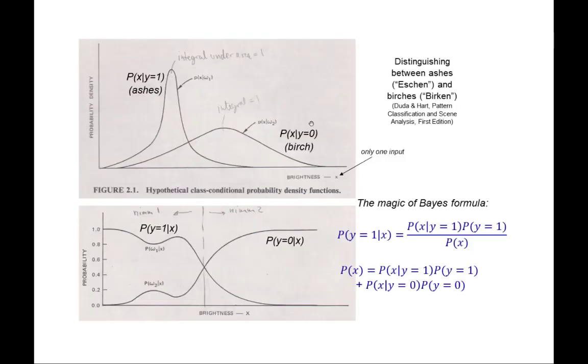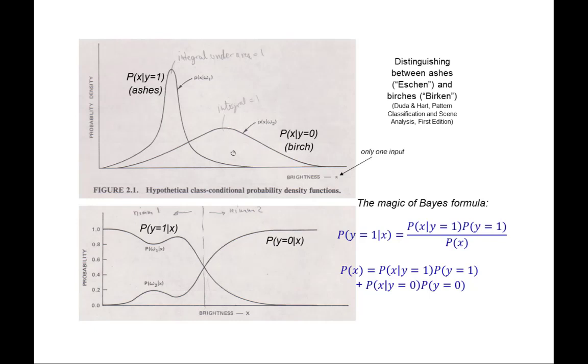This is my example out of a long time ago, and I thought this was extremely cool. Maybe I can convince you also that this is interesting. So here we have just one number, the brightness of the wood, and here's birch, so it's a lighter wood.